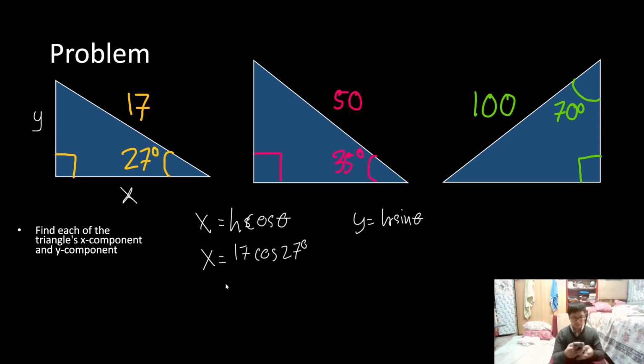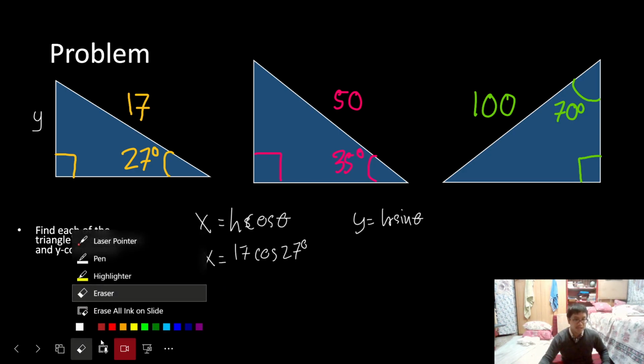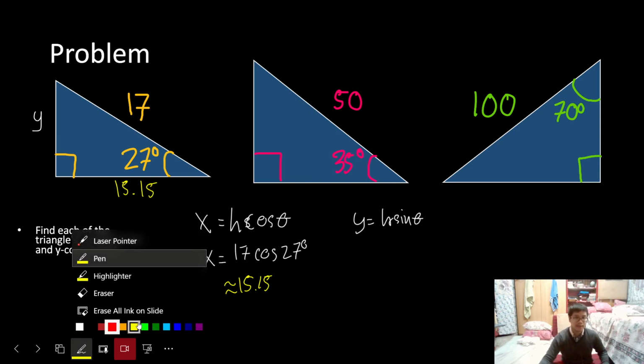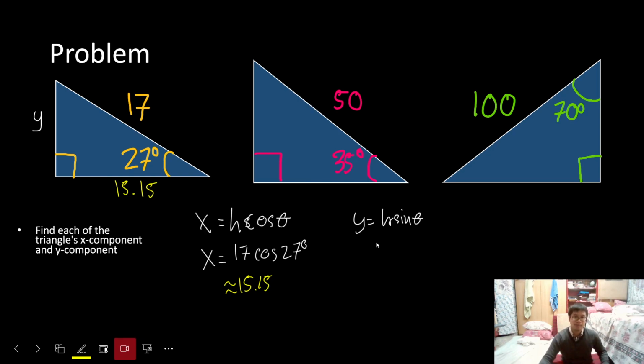Let's use our calculator. 17 cosine 27 degrees, approximately at 2 decimal places, is 15.15 units.